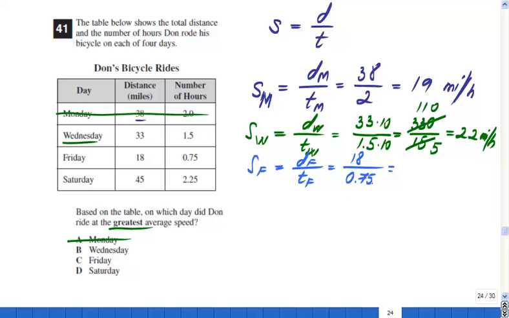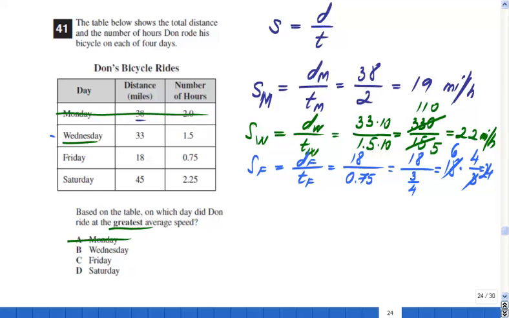One way would be to write 3/4 instead of 0.75, right? 18 divided by 3/4, skip, flip, multiply, will be 18 times the reciprocal of 3/4, which is 4 over 3. 3 goes in 18 6 times. 6 times 4, 24 miles per hour.